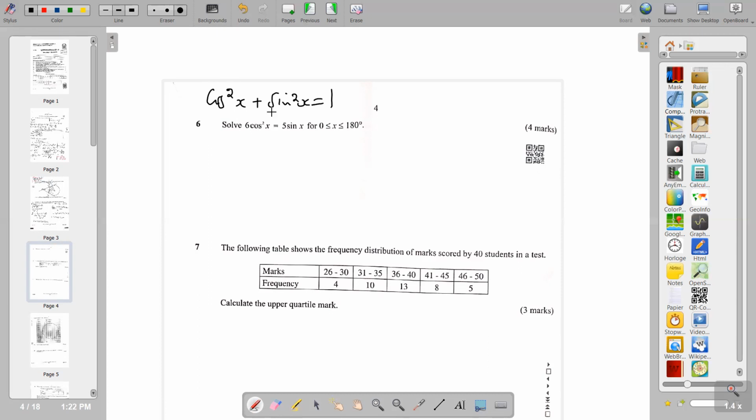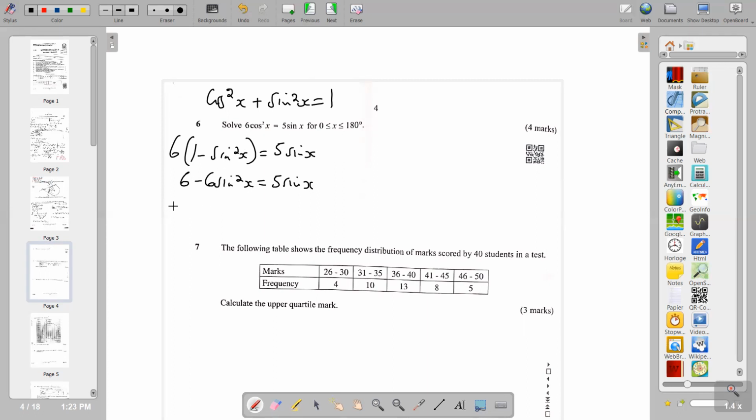So you have to express cos squared x in terms of sine. This one will be 6 into bracket 1 minus sine squared x, is equal to 5 sine x. You open the bracket, that will be 6 minus 6 sine squared x is equal to 5 sine x.